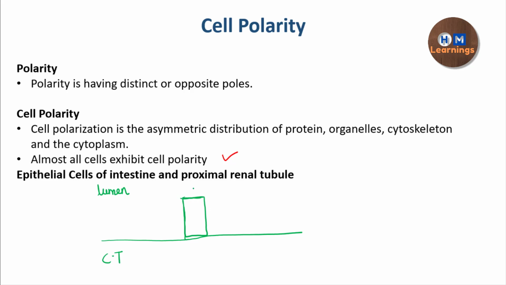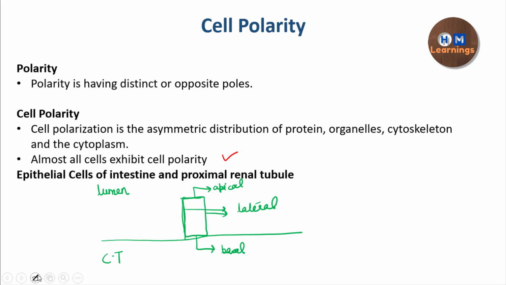The side which is facing the lumen of the intestine is the apical side. These are the lateral sides of the cell, and the below side is the basal side. The side which is attached to the basement membrane is the basal side.